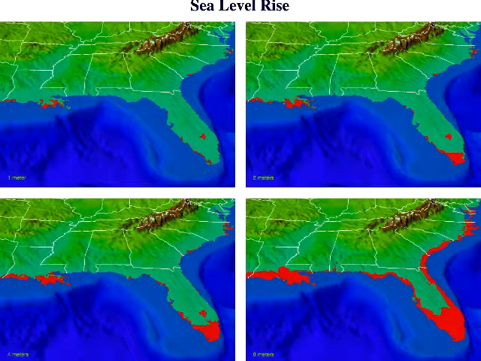So in the southeastern part of the U.S., for example, we might expect these areas in red to be inundated as sea level rises as a consequence of things like polar ice cap melt and thermal expansion of seawater. So from the upper left to the lower right, we see this progression of areas being inundated by the ocean.